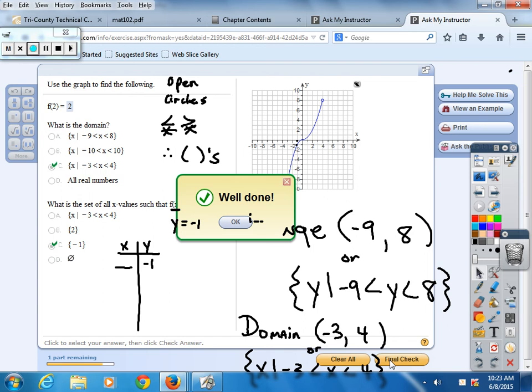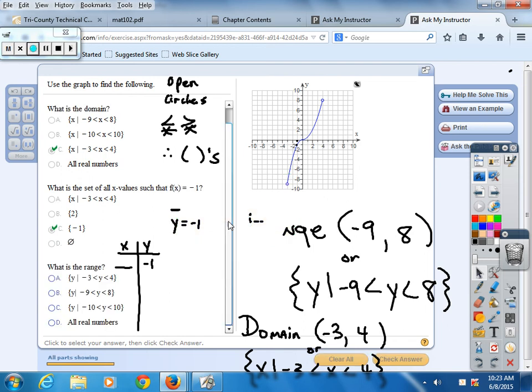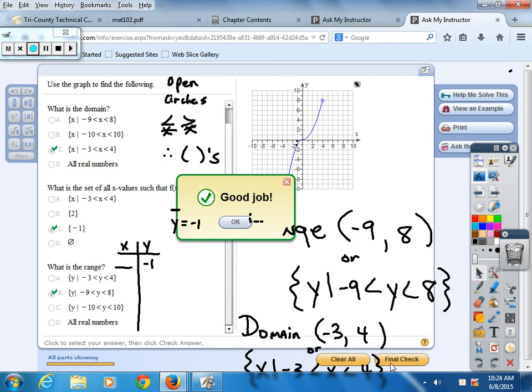And we feel good about ourselves. Oh my, what is the range? -9 to 8. Yep. -9 to 8. And that is a test question.